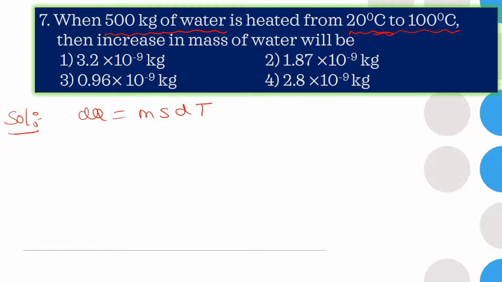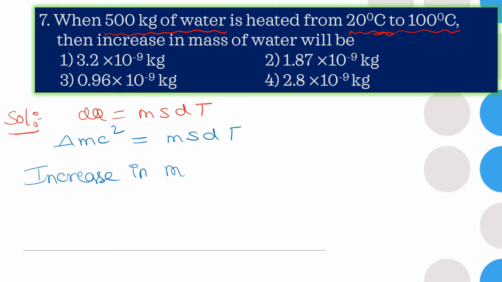So this dQ is nothing but Δm c square, which is equal to m s dT. Increase in mass Δm is equal to m s dT by c square.